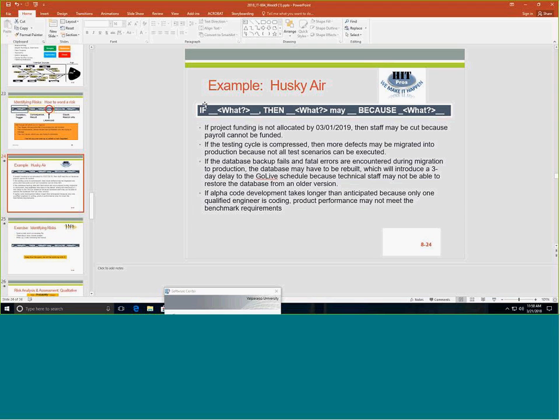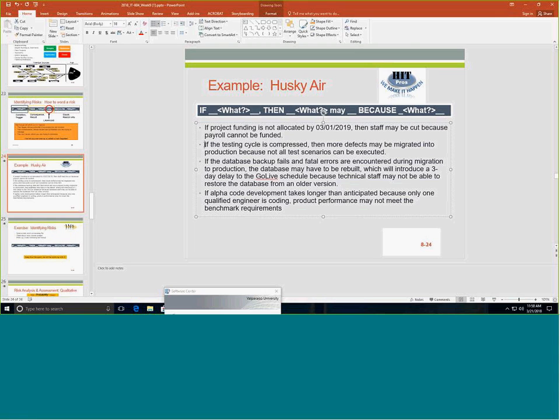Here's our grammar again: if, then, may, because. So if project funding allocated by our if clause here may be cut, because payroll cannot be funded.